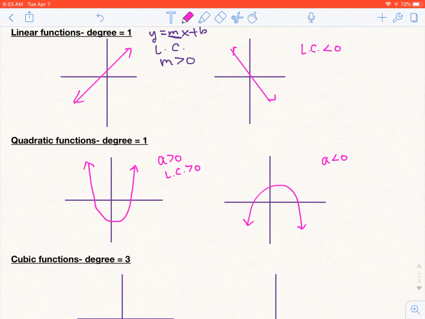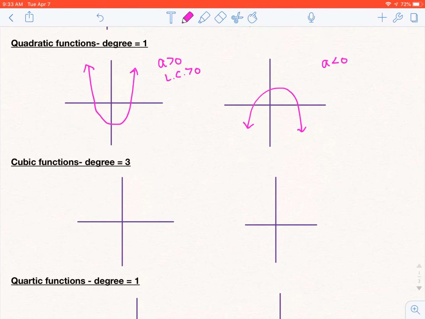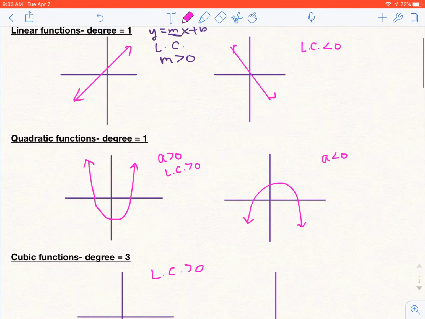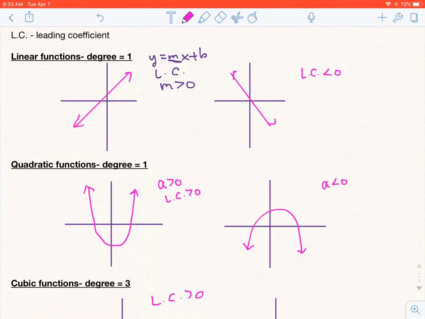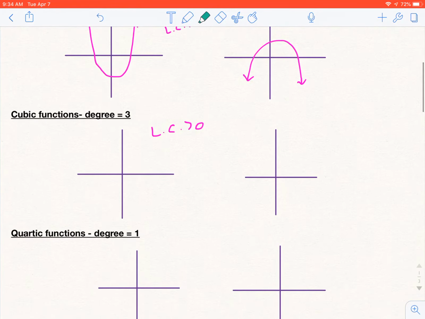All right, so cubics. When the leading coefficient is positive, I know it's going to act like this one. It's going to go from the bottom left to the top right. And so it's a cubic, so I know it has the possibility of crossing 3 times.